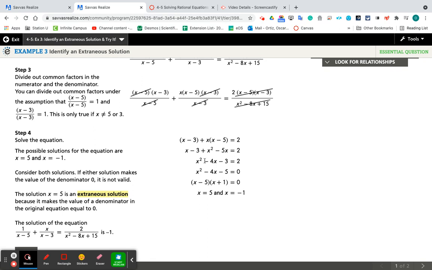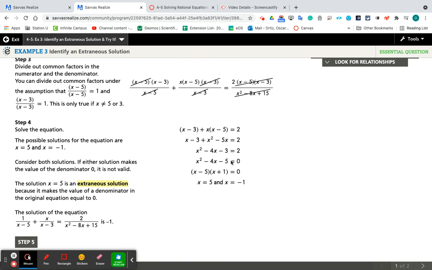So this gives us a quadratic equation that we can solve multiple different ways. One of them is factoring. So if we factor, we know that that multiplication is 0 if and only if x equals 5 and x equals negative 1.